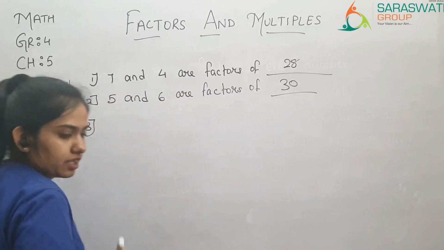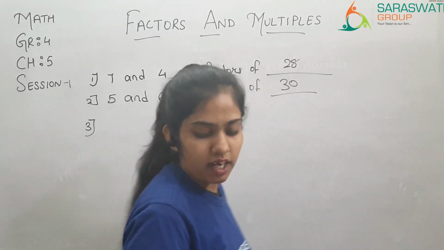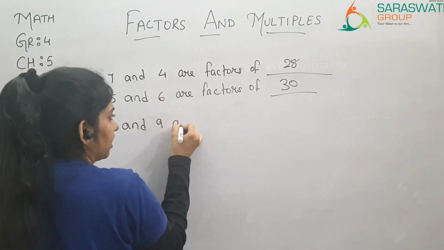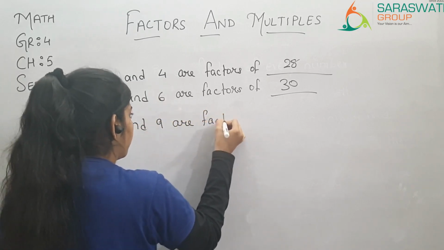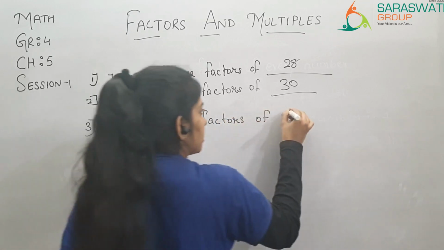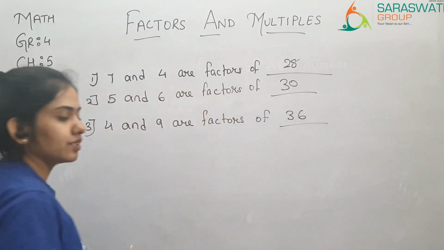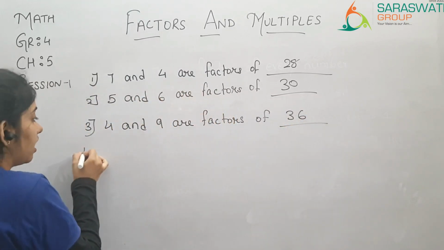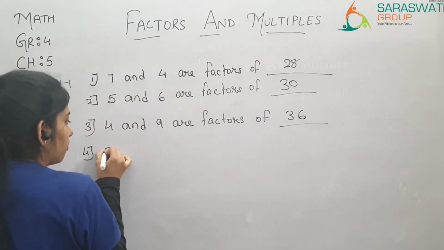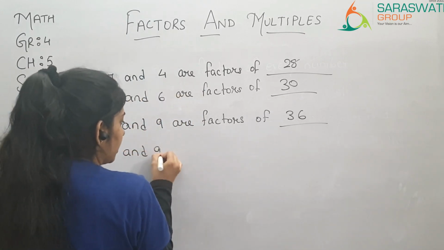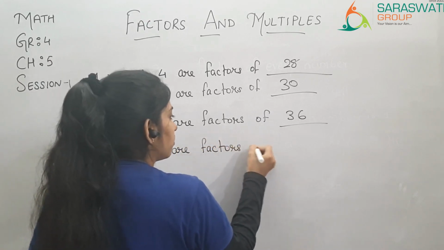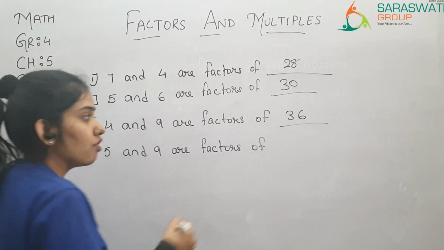Then afterward 4 and 9 are factors of 4 nines are 36. Then after, 5 and 9 are factors of 5 nines are 45.